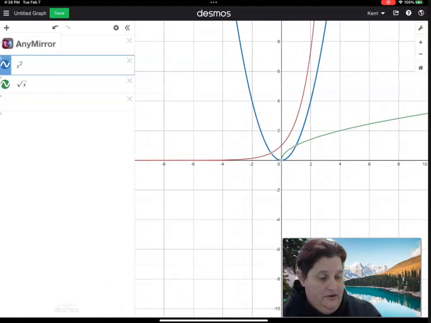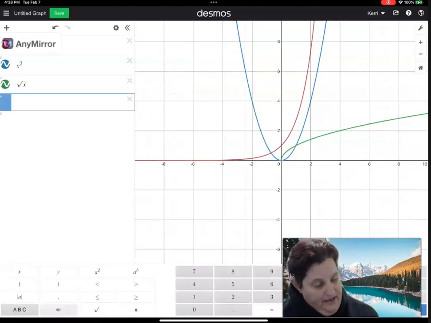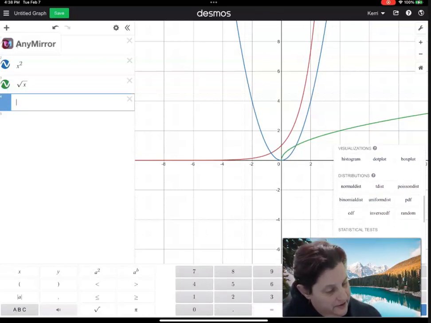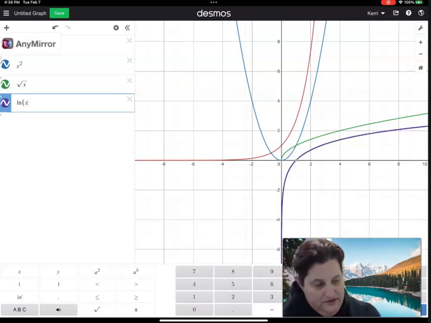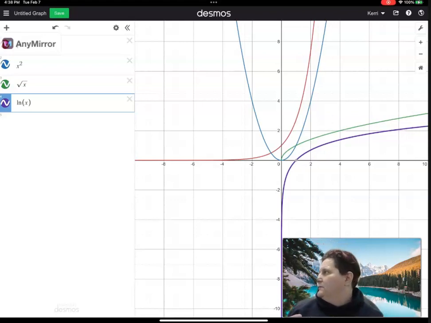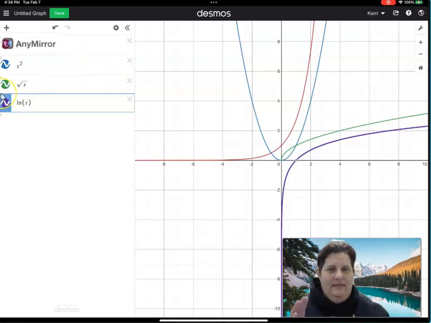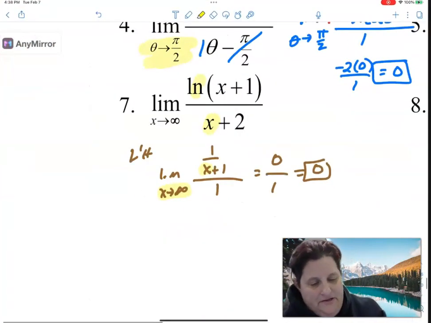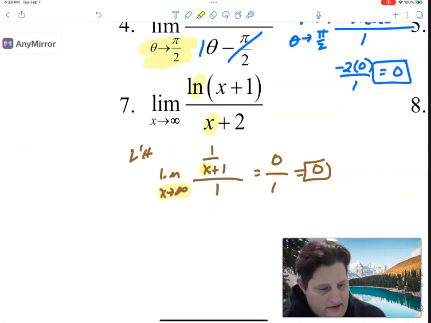It still goes to infinity, but it grows very, very slow. And ln of x also goes to infinity, very, very slowly. So there are different ways to get to infinity. These are all ways to get to infinity, okay? It's just that you've got fast ways to get there and slow ways to get there. And x gets there faster than ln, so that goes to 0.